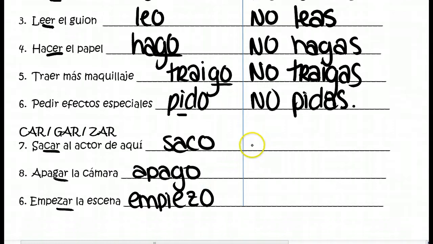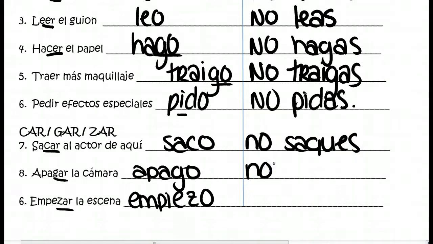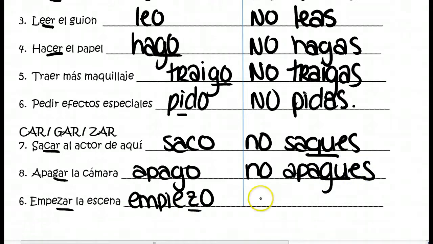But when we write it in the negative command, we need to change it to a QU. No saques. With the GAR verbs, we need to change them to a GU. No apagues. And with the ZAR verbs, we change it to a C. No empieces.